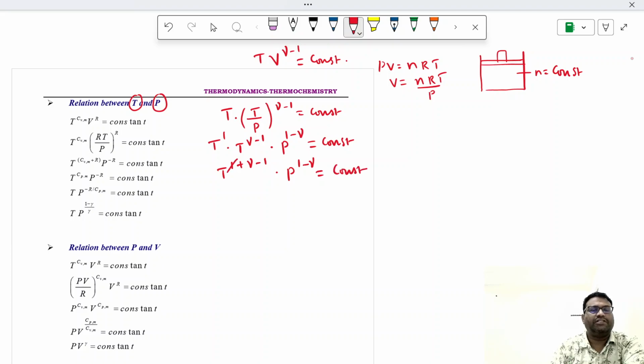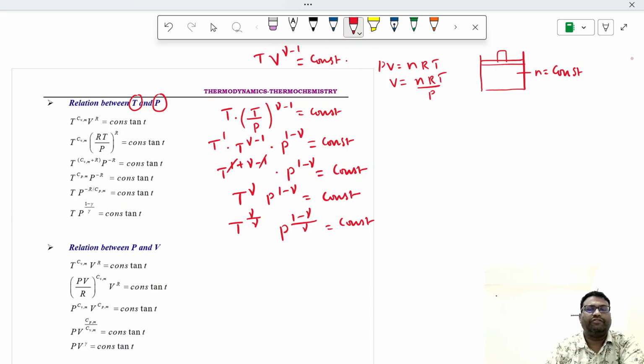So 1 cancels, then T power gamma P power 1 minus gamma is equal to constant. Divide it, T power gamma by gamma, P power 1 minus gamma by gamma is equal to constant. So gamma by gamma gives you 1. So finally what are you getting? T into P power 1 minus gamma is equal to constant.